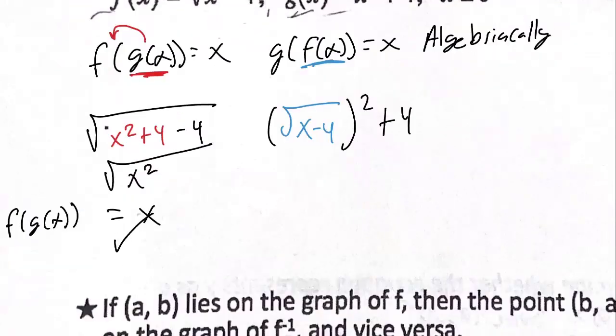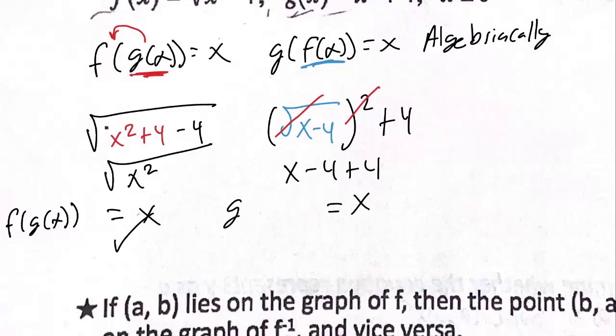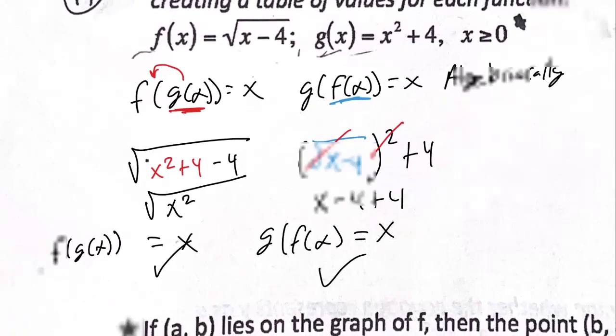So when you take the square root of the square, they end up canceling out. And then minus 4 plus 4 gives me just x. So that means g of f of x is just x. So that checks out. They are indeed inverse functions of each other.